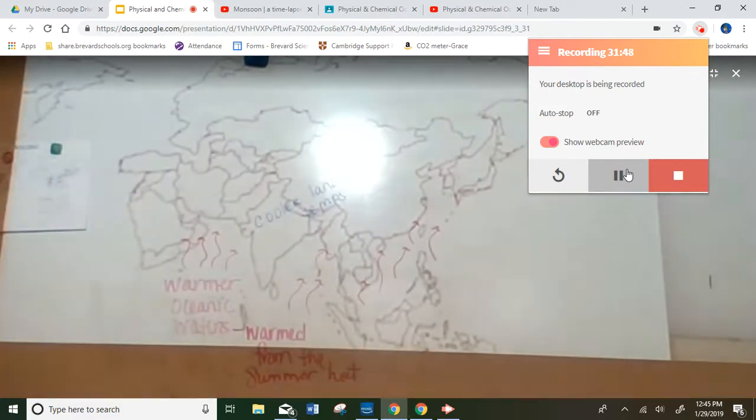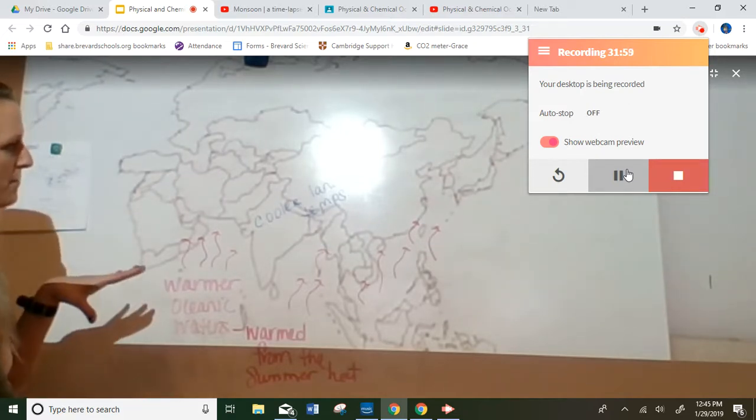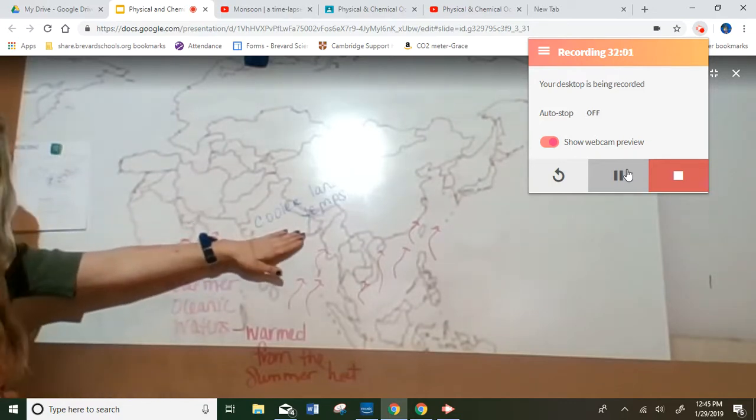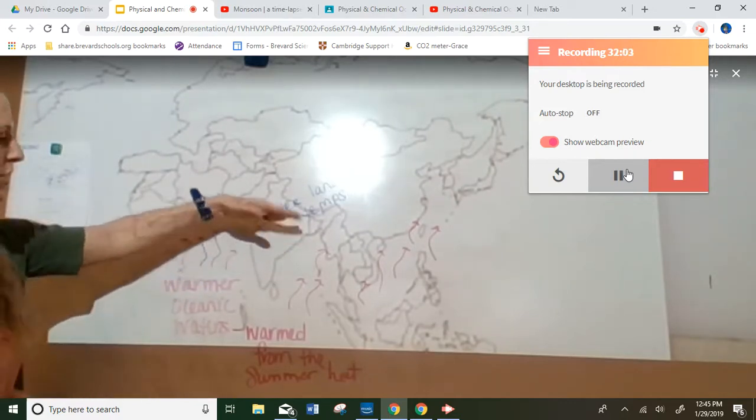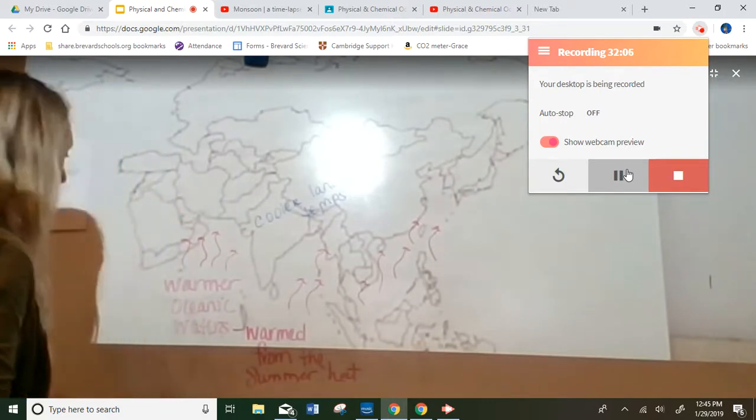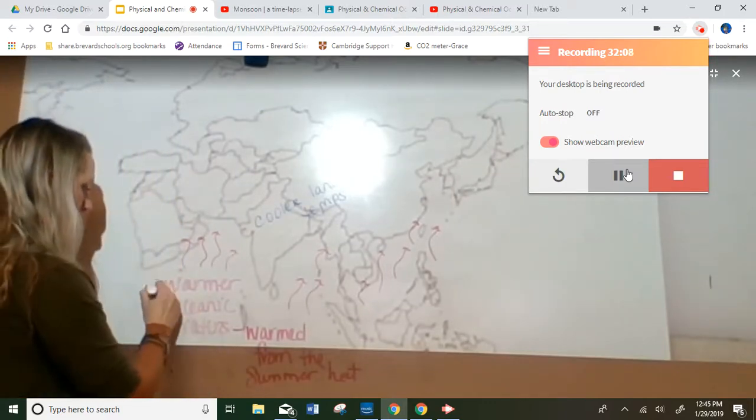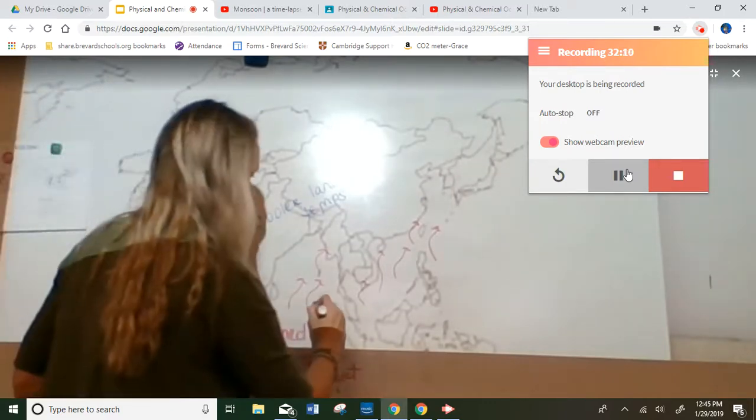That's what those arrows are. Warm things rise, they're less dense. And the cooler air from the land, because it's wintertime, is going to rush in to fill that area. And so this is going to be your low pressure area now.